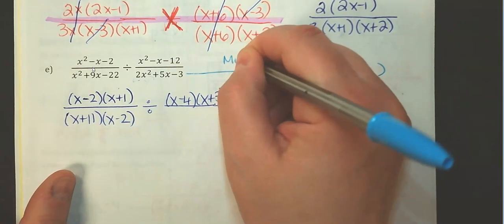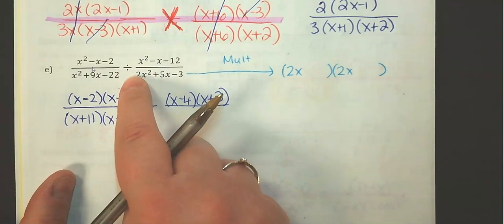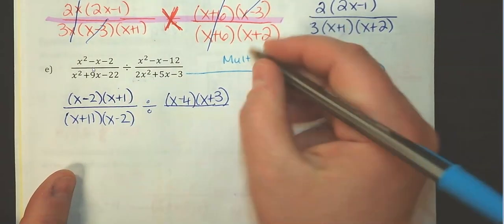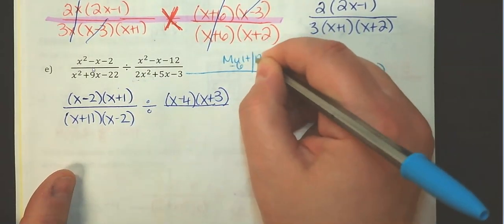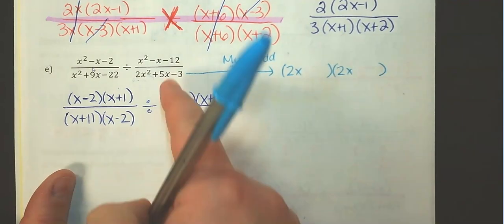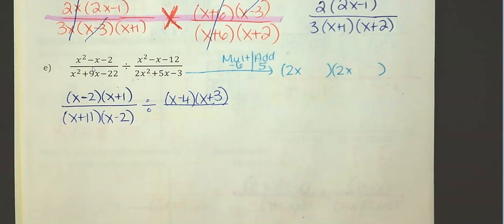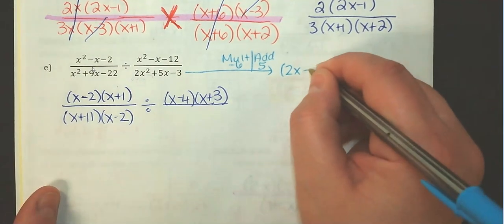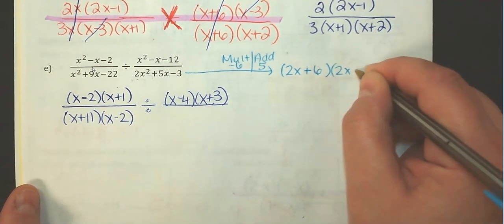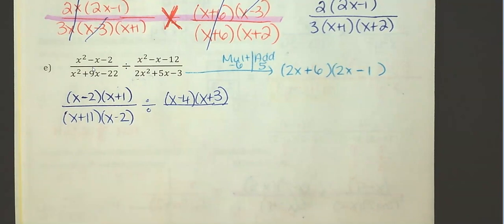All right, I'm going to multiply the first thing times the last thing. So 2 times -3, -6. Add to get the number in the middle, which is 5. Okay, only way to do that is I got to use a +6 and a -1. Those will multiply to give you -6, or -1 times 6.